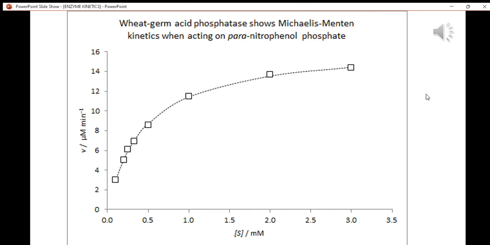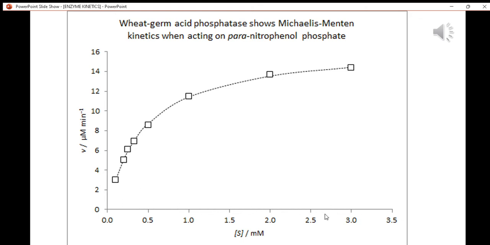How do we study the effect of concentration of substrate upon the activity of the enzyme? When we complete our study, we get a graph like this. Remember, the graph has two axes, x and y. What is written on the horizontal x-axis?